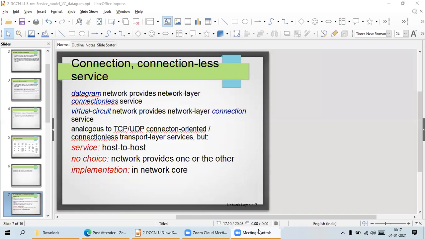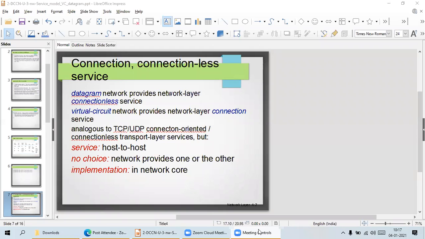With the help of these we use either connection-oriented or connectionless service, and host-to-host delivery happens. We have no choice: if you are using TCP virtual circuit, or if you are making a call, you have to use a virtual circuit.